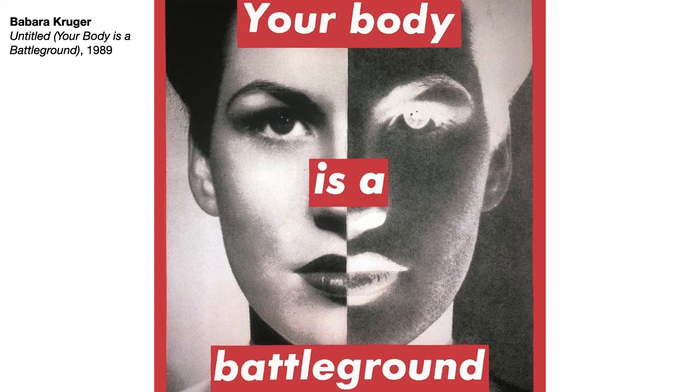She's talking, I guess, about this political issue of women's bodies. She uses collage and photo montage, using the model's face from a poster, dividing it to give this meaning and critiquing the idea that the beauty we're subjected to should be symmetrical.